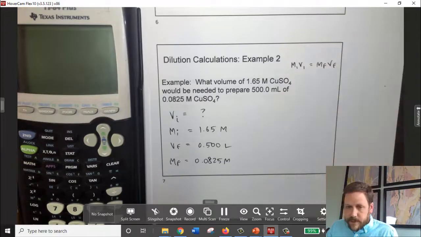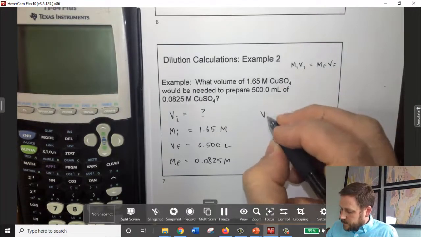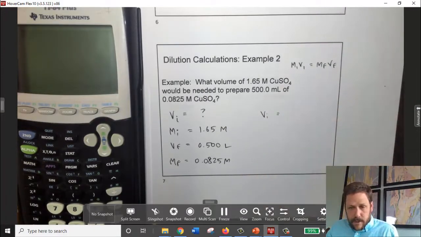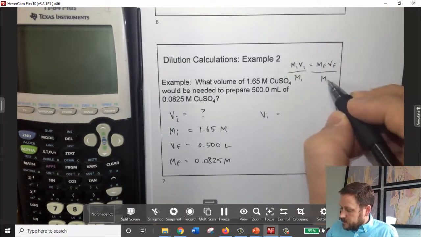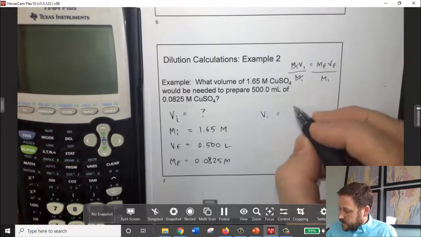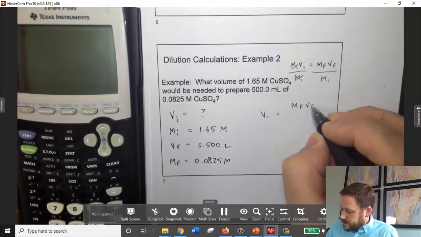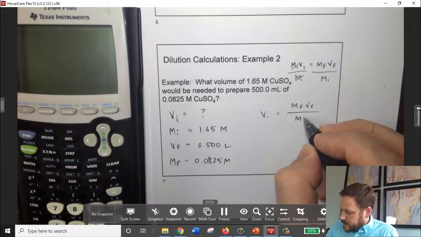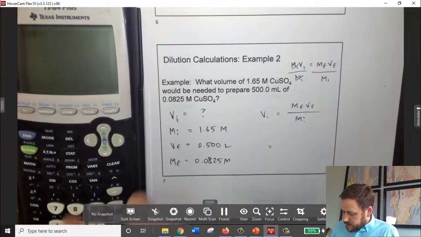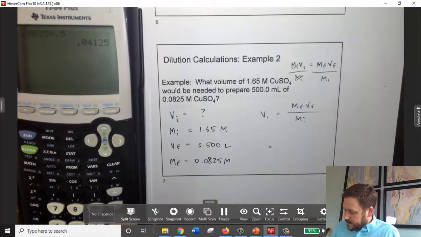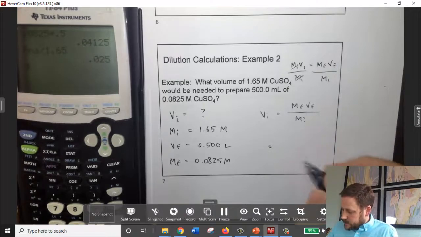Let's go ahead and rearrange that to solve for V_I, which is the unknown quantity in this case. Divide both sides by M_I, and you see that we have this formula, M_F V_F over M_I. I go ahead and plug the numbers in. M_F V_F is 0.0825 multiplied by 0.5 liters. Then I'm going to divide by M_I, which is 1.65, and I'm going to get an answer in liters.